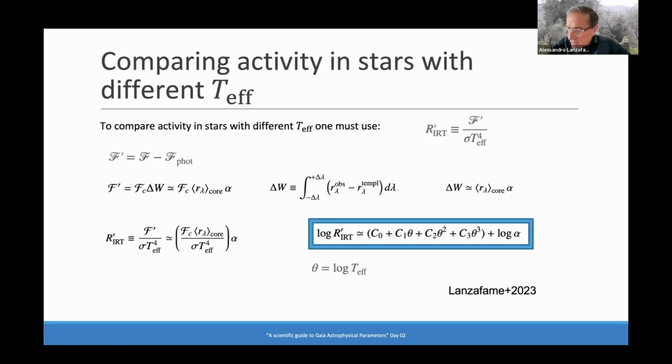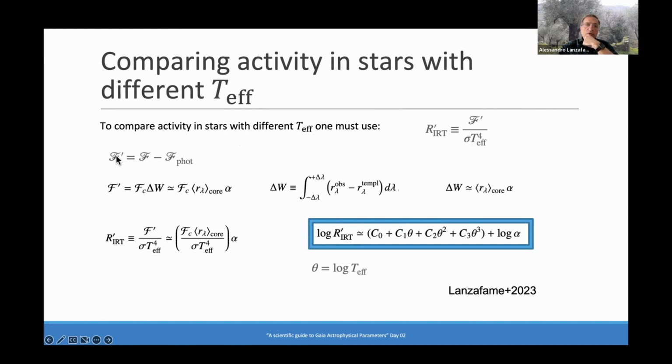Now, what is the recipe if you want to compare activity in stars with very different effective temperature? In the same way as has been done since the 80s for the H and K ultraviolet calcium II lines, one should use the chromospheric flux, which we call F prime here, divided by the bolometric flux, which is indicated as sigma T effective to the fourth here.